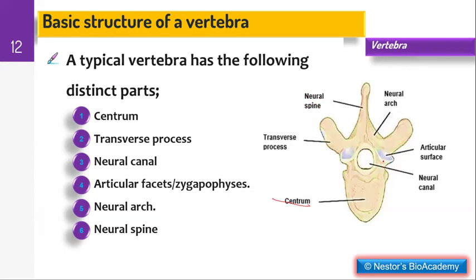Then we have an arc of bone there, referred to as the neural arc. And then there's a canal there, an opening there we refer to as the neural canal. And then we always have some plane surfaces, which the vertebrae usually use to articulate or to attach to the bones which are adjacent to them. We call them zygapophyses. We're going to look at them shortly.